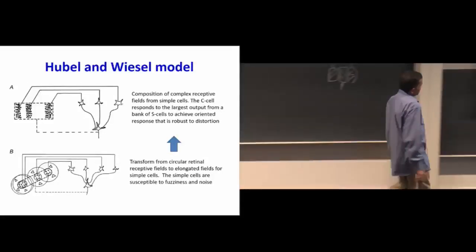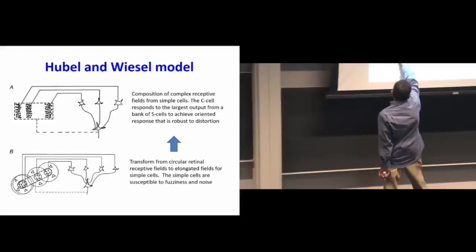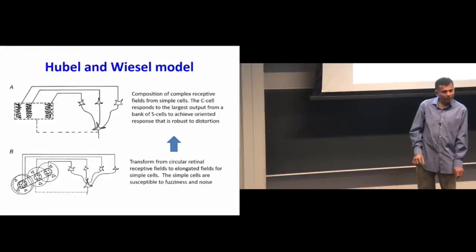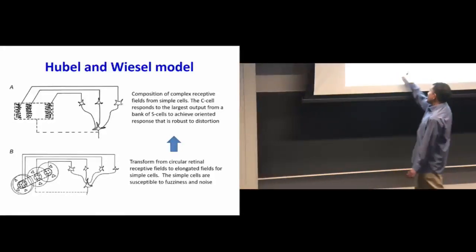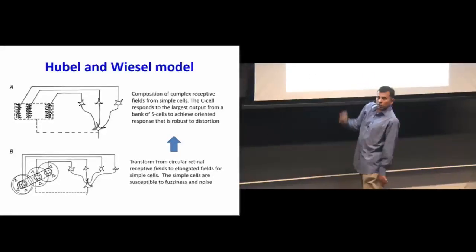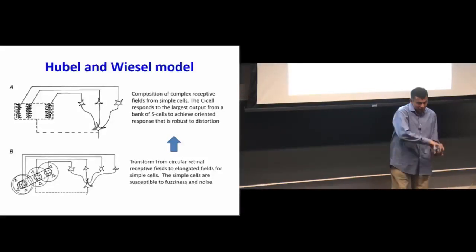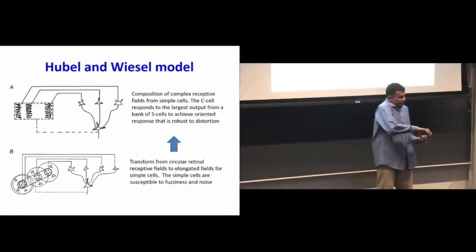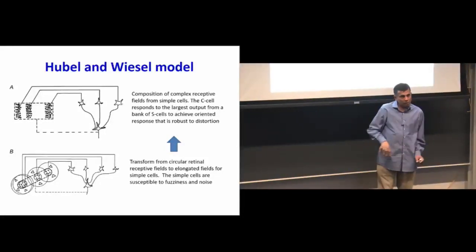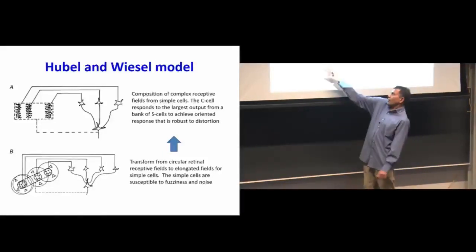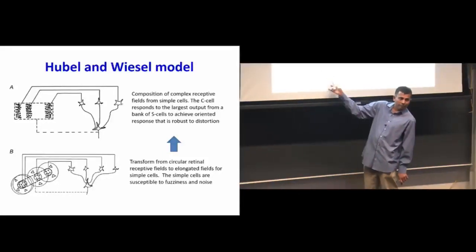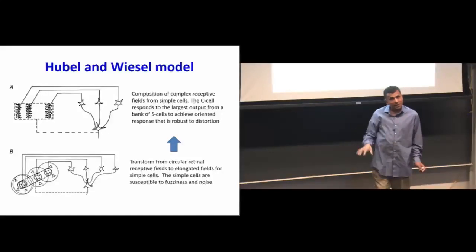So the retinal cells would have responses like these. They're all kind of circular. But the S cell combines the responses from many retinal cells, and these retinal cells would be arranged in some pattern along some orientation. So if all of these fired, this cell would fire, and if adjacent ones fired, it wouldn't.